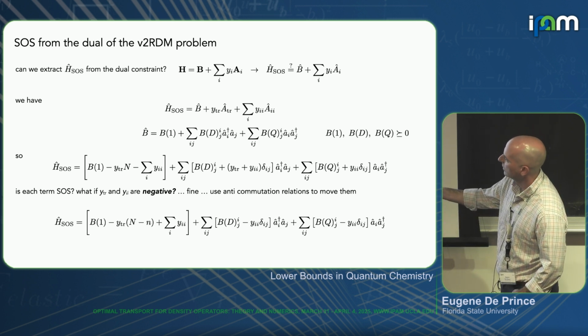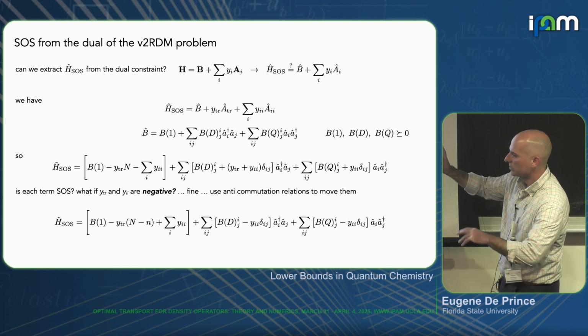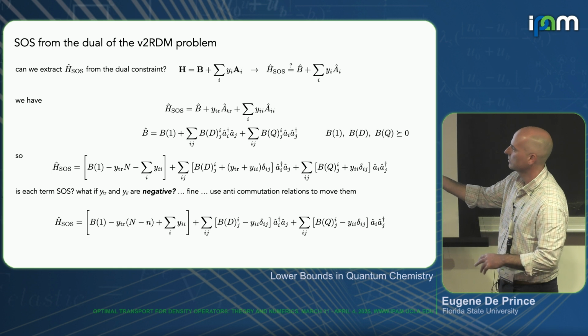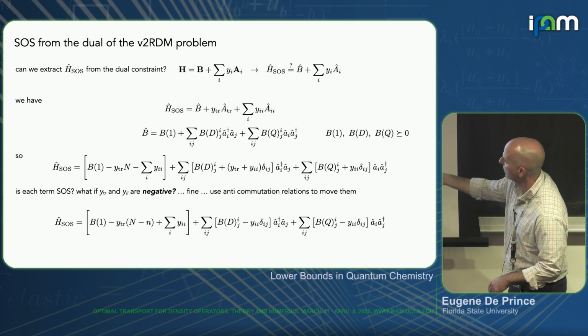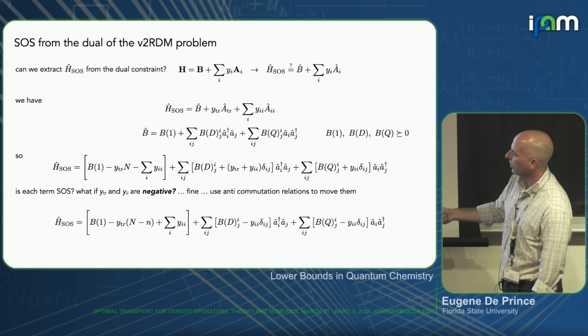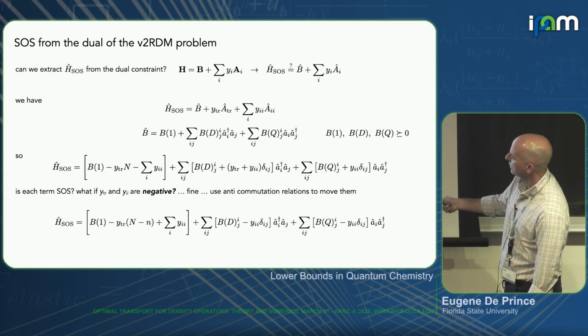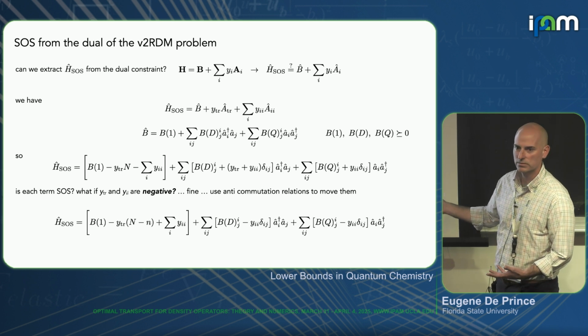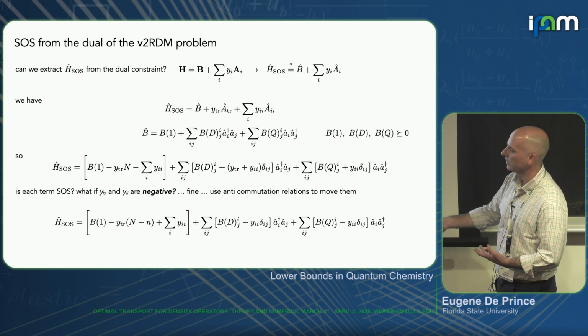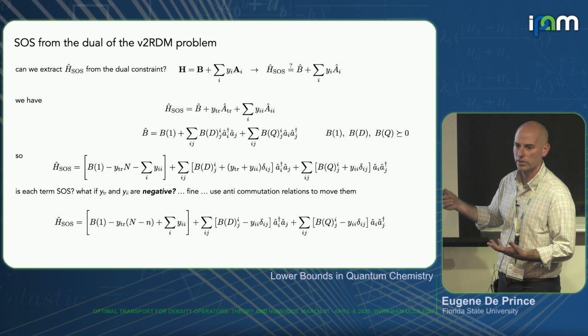So I could always take a_i a_j dagger and write it as delta_ij minus a_j dagger a_i. And I could do the same trick here. You're just trading pieces back and forth, and I pick up additional constants. Now I have a term that is positive semi-definite, and another term that is positive semi-definite. So now this thing is SOS. This is my SOS Hamiltonian extracted from the dual of the V2RDM problem.